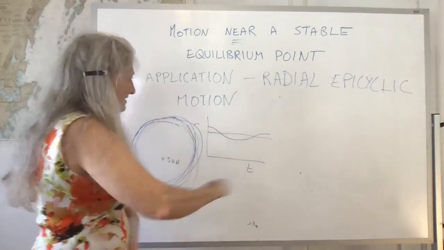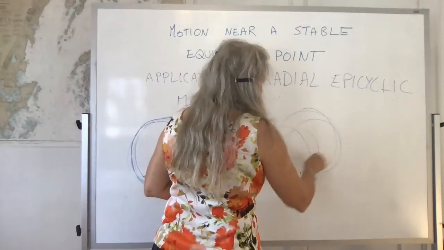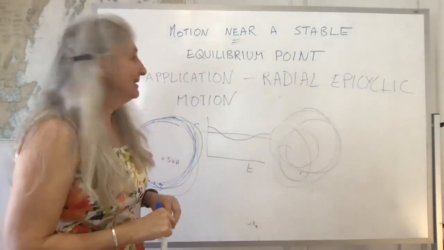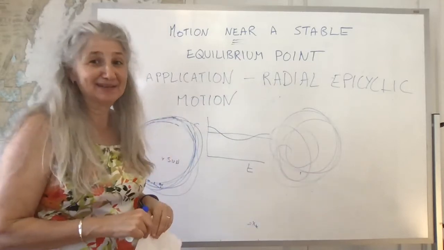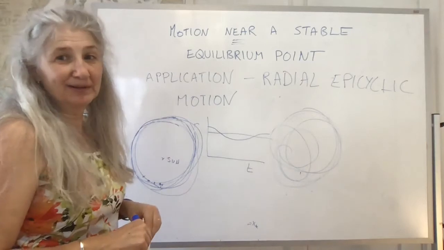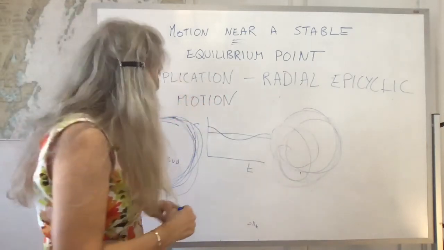They actually do things like this. They form what's called a rosette. The epicyclic frequency is quite different from the angular rotation rate in the circular orbit.